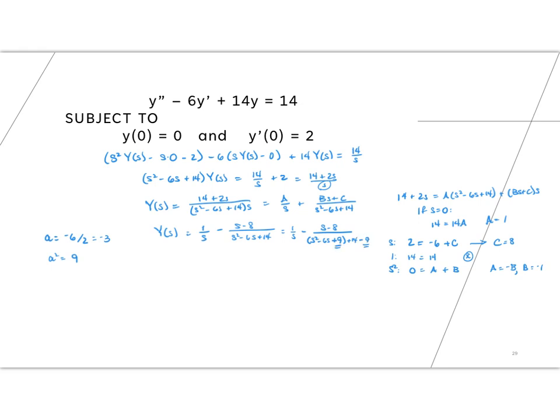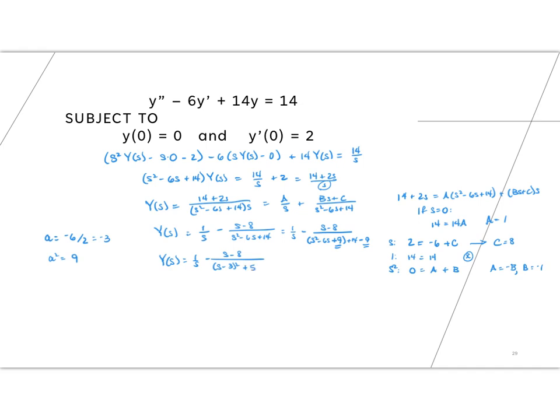So be sure that you do both places. Y(s), therefore, is 1 over s minus (s minus 8) over (s minus 3)² for the first group. 14 minus 9 is 5.